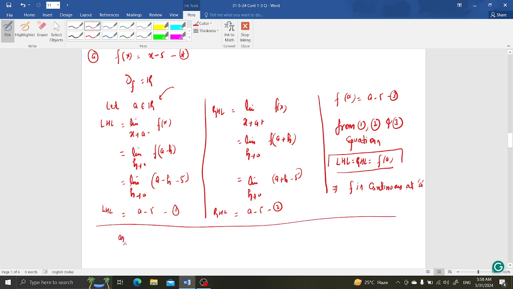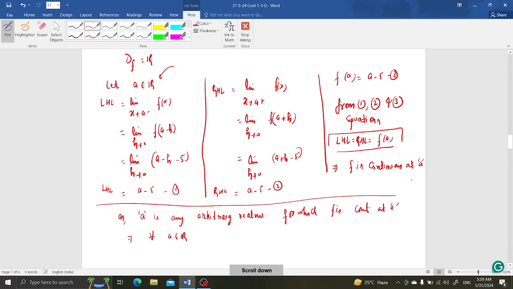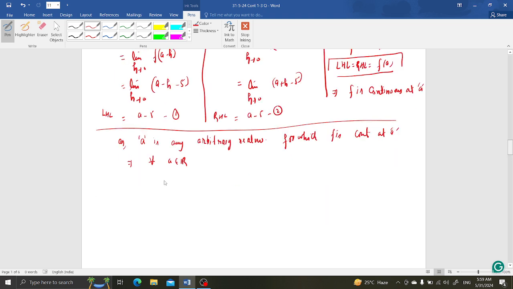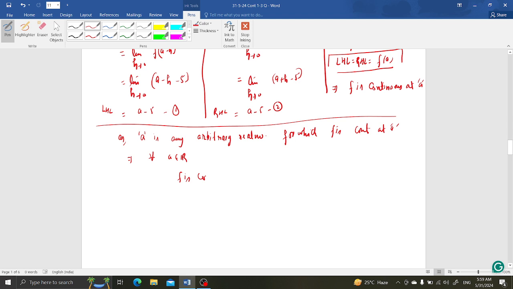Now as a is an arbitrary real number for which f is continuous at a, it implies that for all a belongs to R, f is continuous at a.